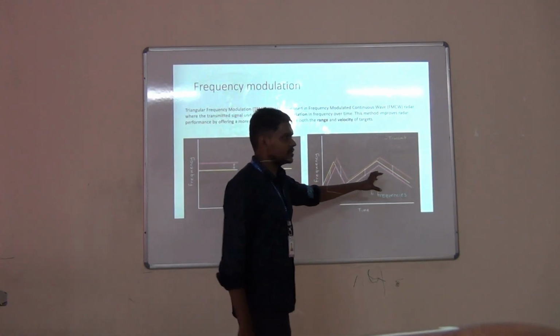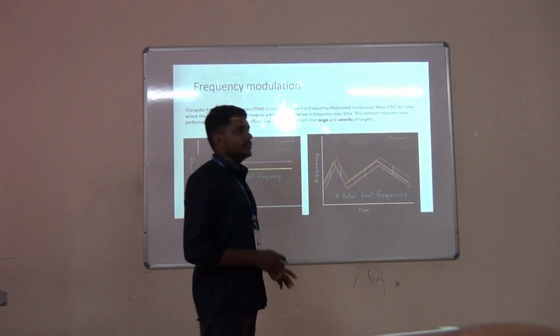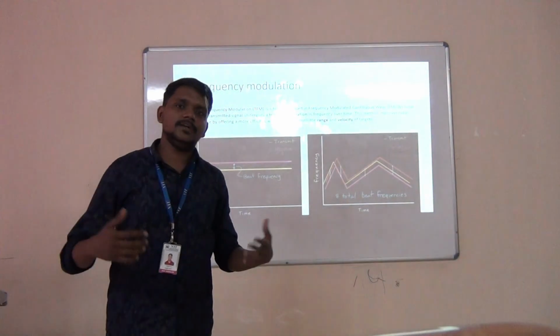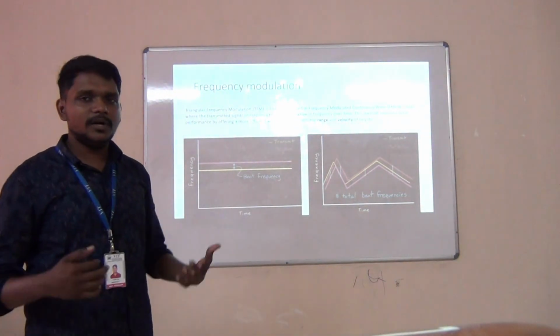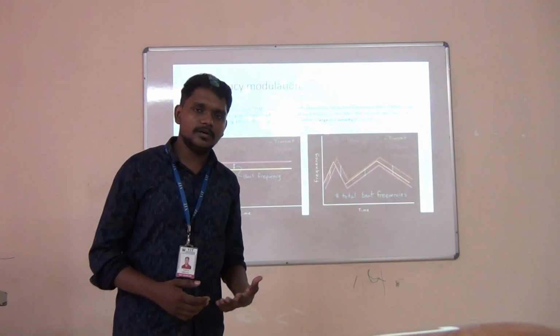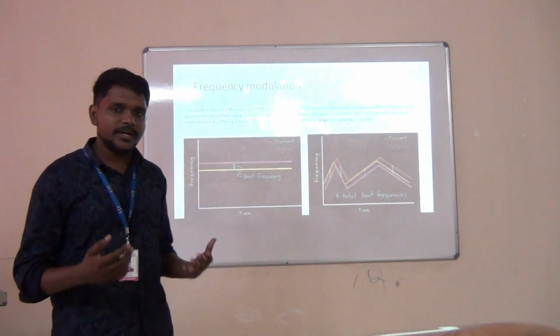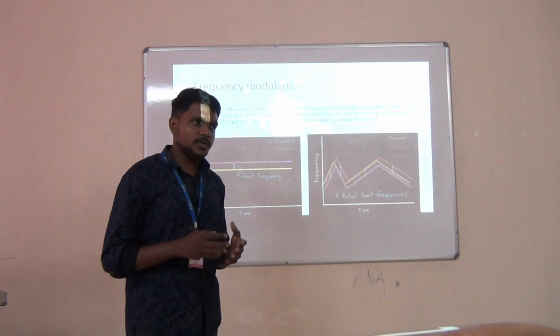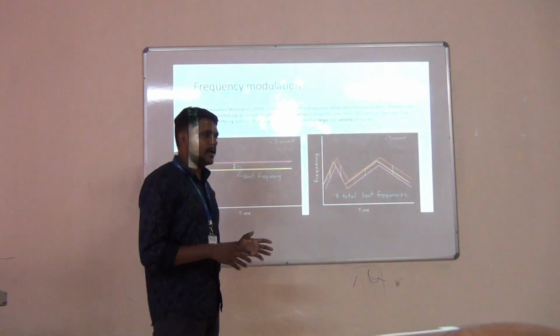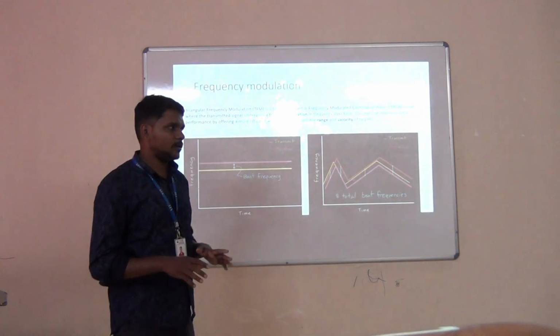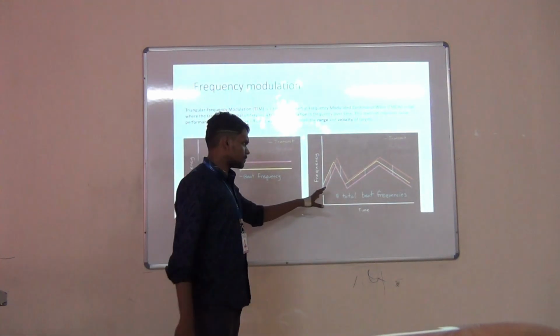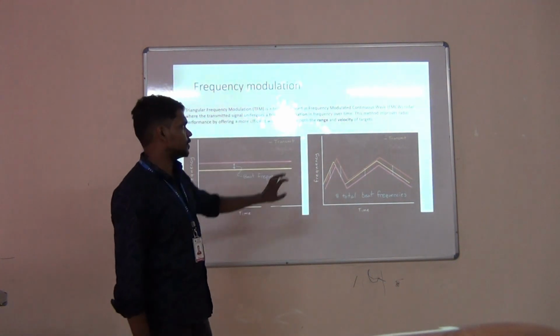Even if multiple objects are surrounding and multiple waveforms are in the air, we can't predict a particular waveform otherwise. So in order to detect a certain waveform and eliminate the noise, we use this triangular modulated frequency.